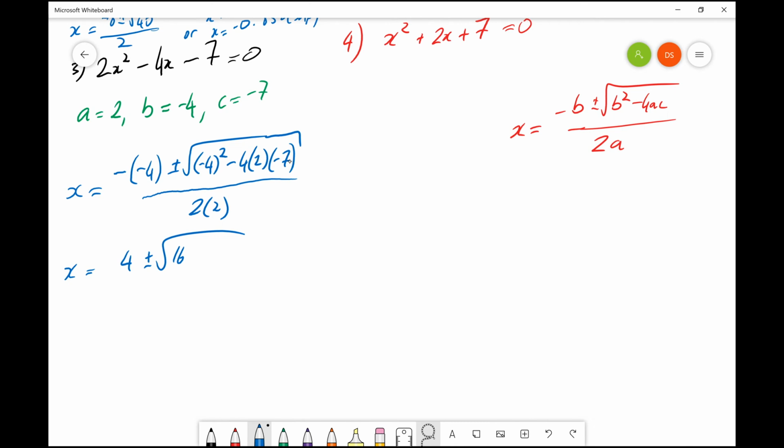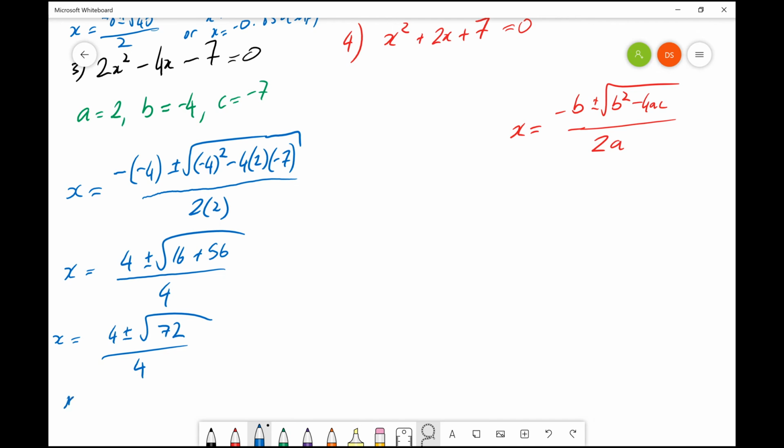Negative 8 times negative 7 is plus 56. All over 4. Check your minus signs in here, team. I've seen too many people make these mistakes. Plus or minus. Okay, 56 plus 16 is going to be 72 all over 4.